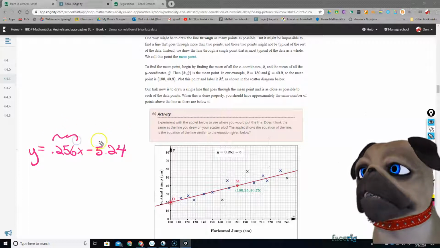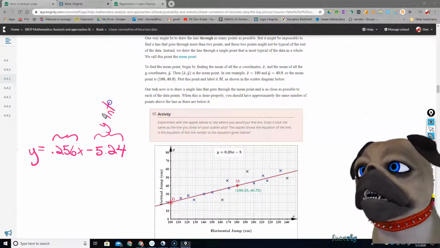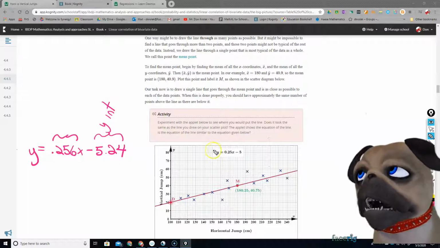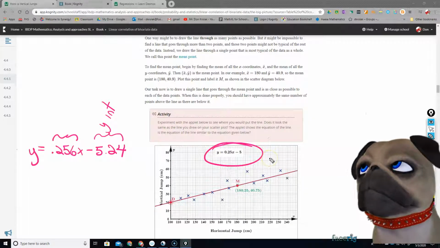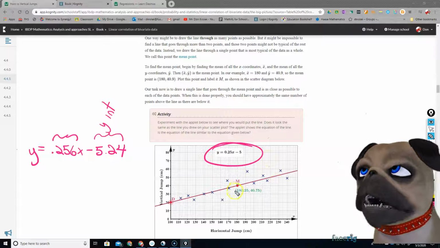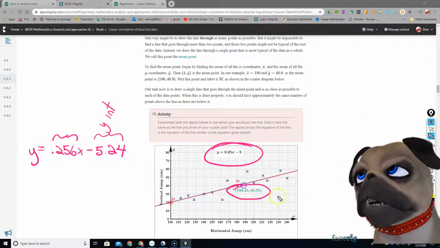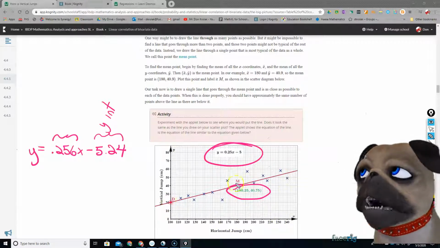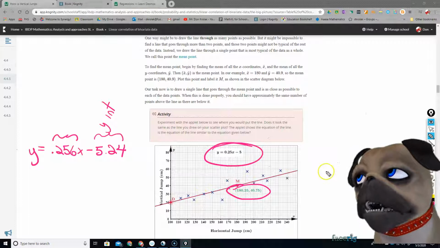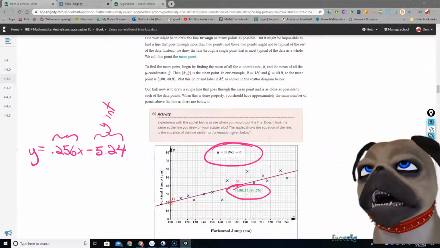So our slope and our y-intercept are pretty close to what we're getting on here. All right, but the big thing is using the mean point, the average of the x's, the average of the y's, and having your line go through that point.